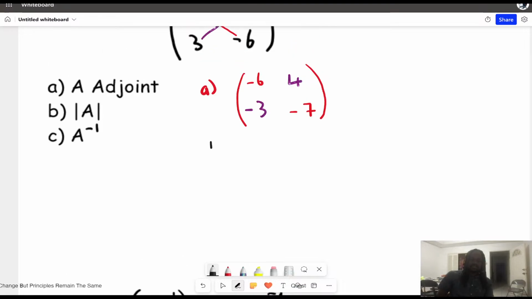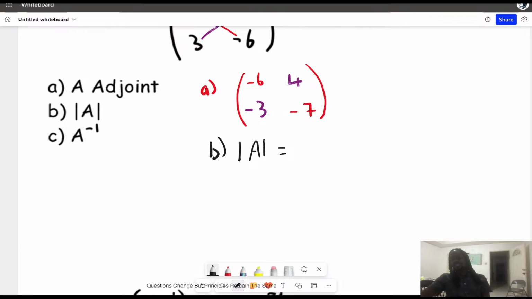Question B. We now want to find the determinant. But remember now, how do we find the determinant? It's product of leading minus product of non-leading.